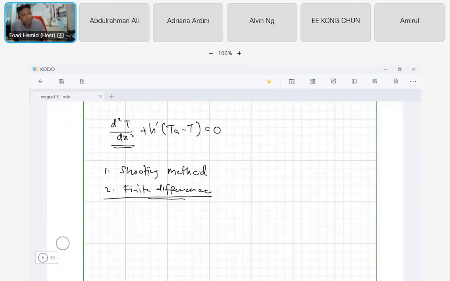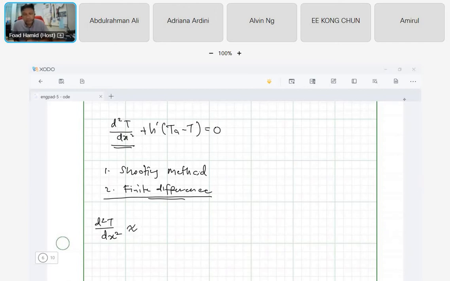So we talk about the finite difference method here. Note that in this equation, we can approximate d squared T over dx squared. So what is the approximation here?